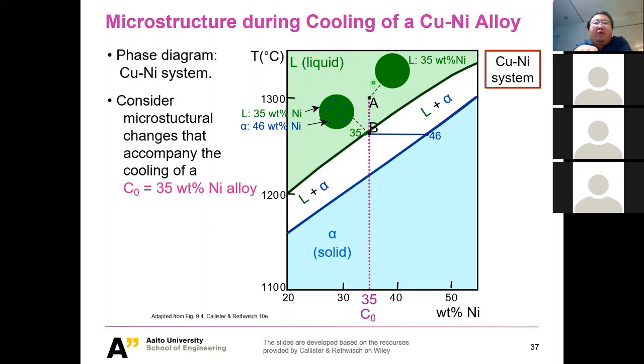At this point, what is happening is you will have more and more nickel in your solid solution and less in your liquid solution. This is a process completely driven by diffusion, but the diffusion is happening in a way which is a little bit against our common sense, because the nickel is going from low concentration to high concentration.